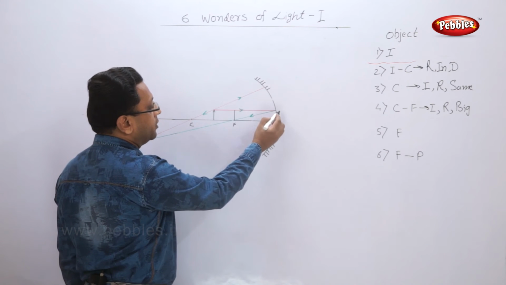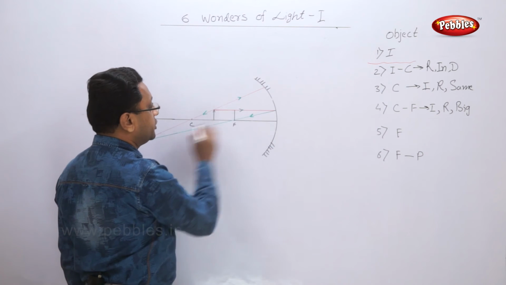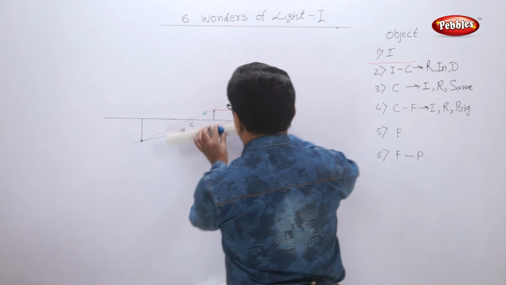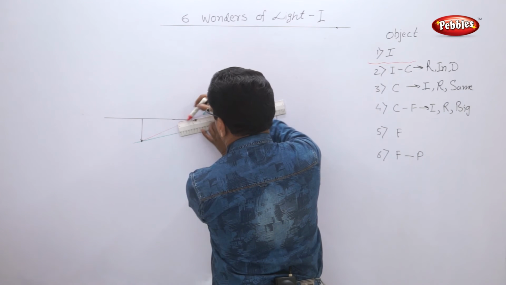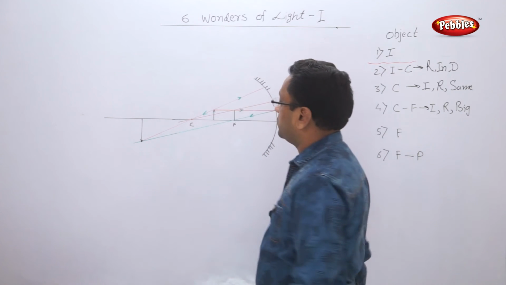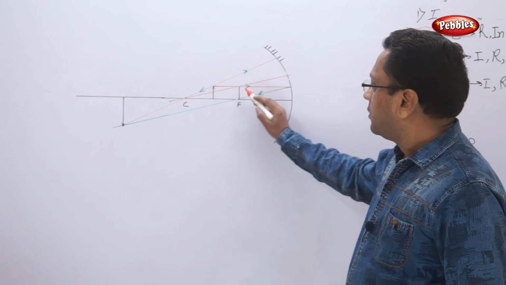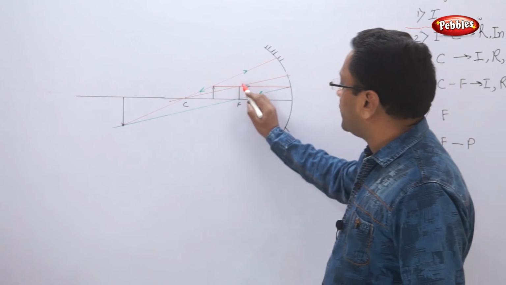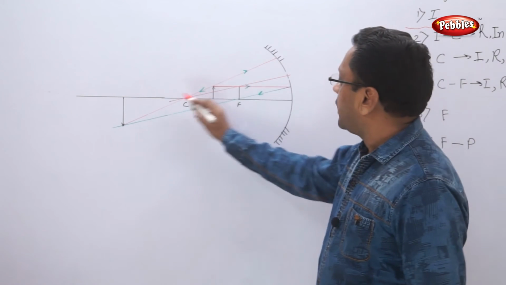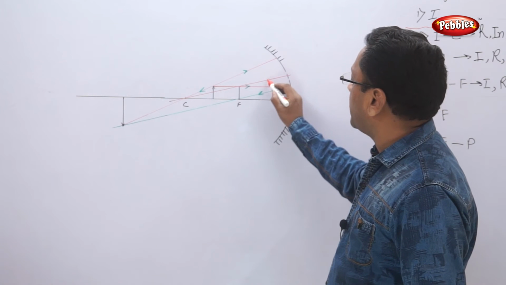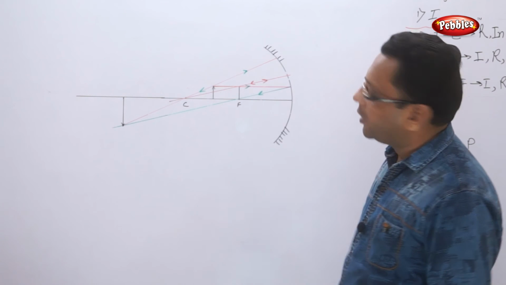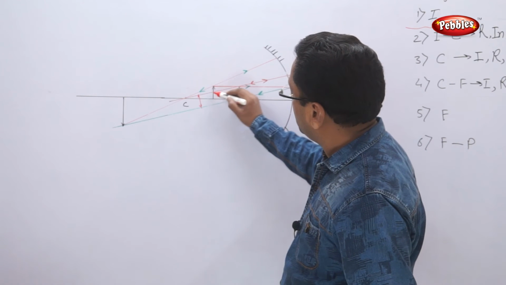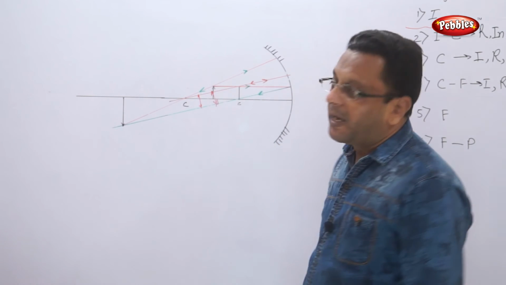One ray will go here, and the incident ray will be the same, and one will pass through C. Now can you see that one ray is going parallel and then passing through F again, and one ray is passing through C, and which is bouncing back, okay. Can you see both the lines, both the rays are parallel.